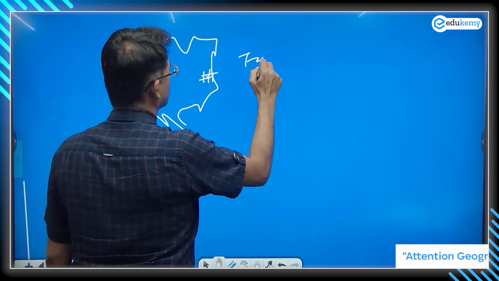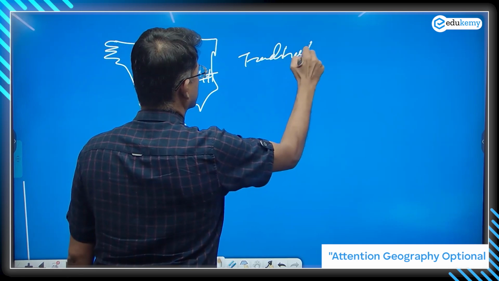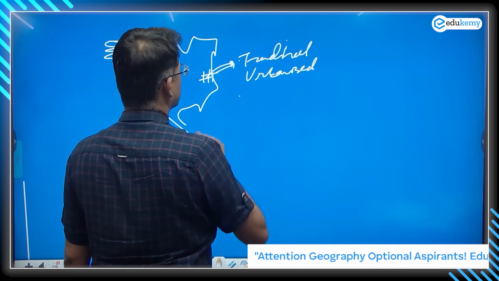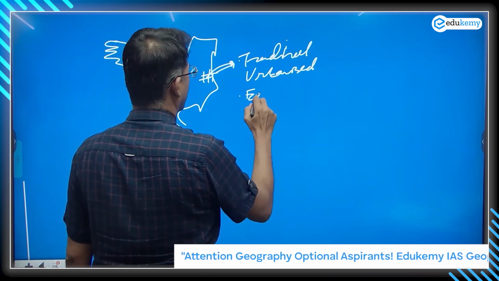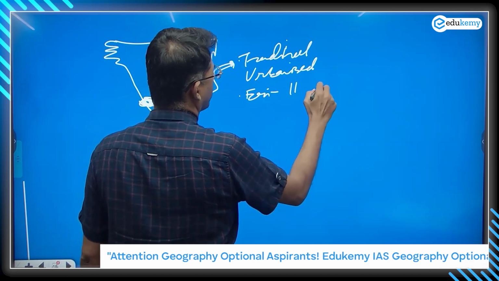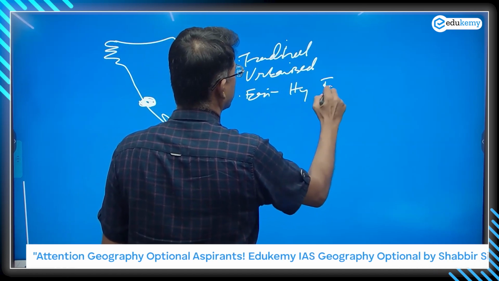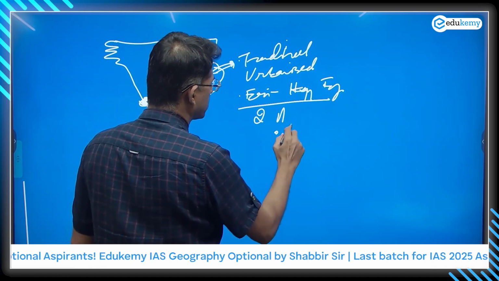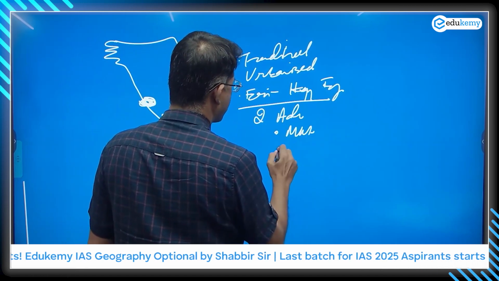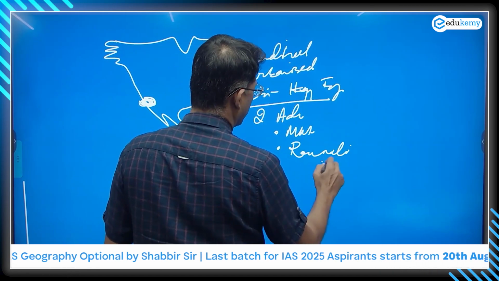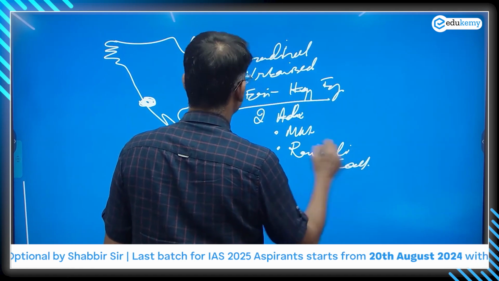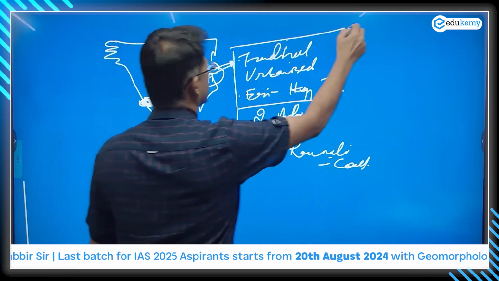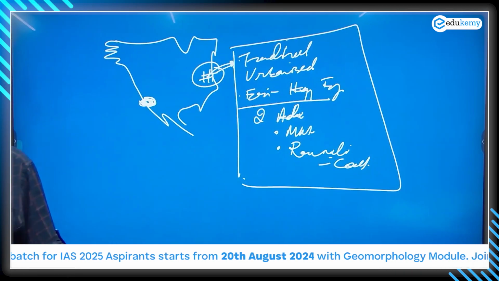This is the traditional urbanized area. It is the area of Lake Erie, a heavy engineering region. This area has 2 advantages. One is the market, and the second is raw material, largely the coal fields. So this is the traditional industrial belt of US, the Northeast.